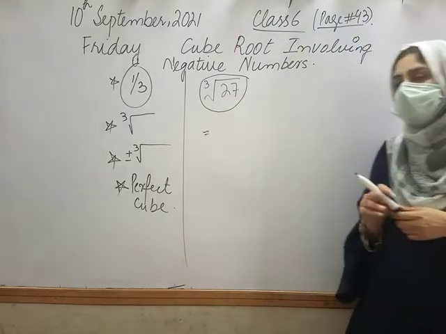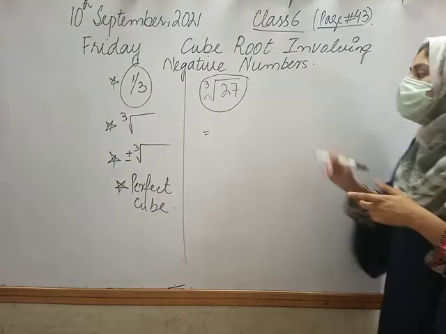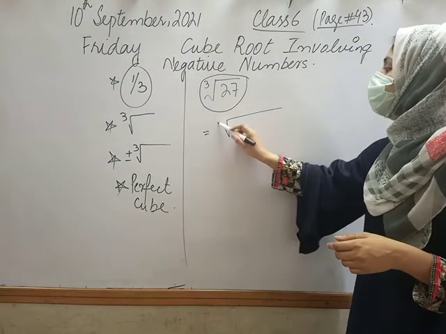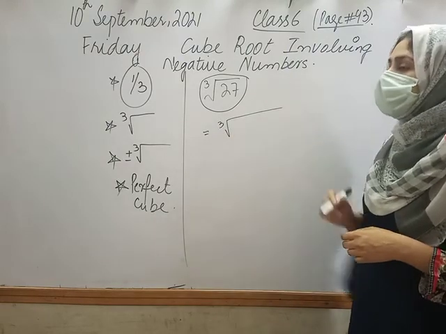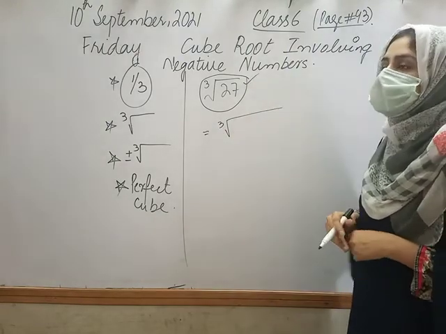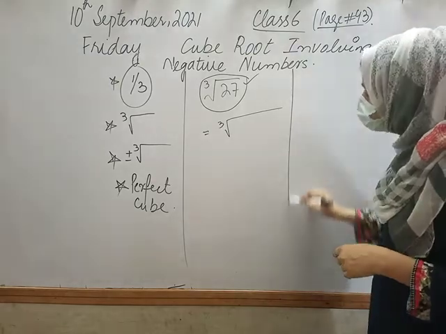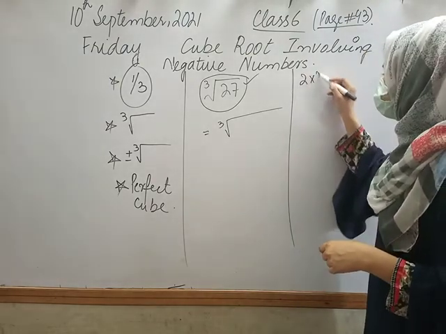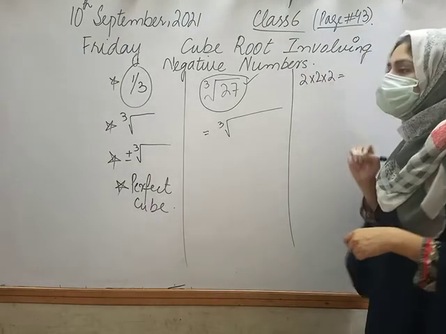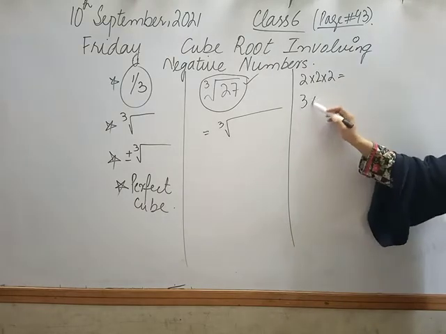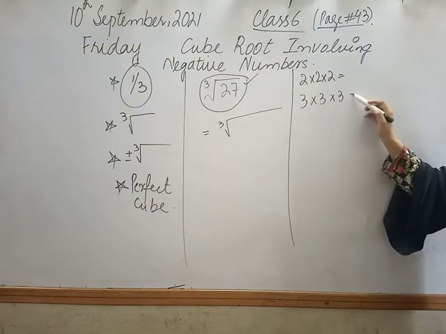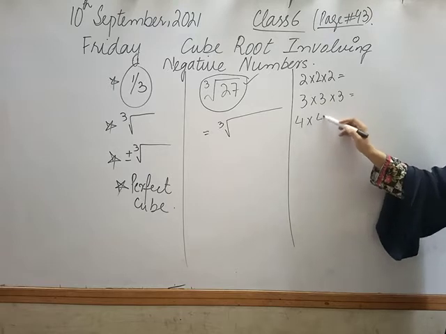So now class, first of all we will find the cube root, which means a perfect cube. So how many times will we multiply the numbers to get 27? Let's start from 2. 2 multiply 2. Okay? 3 multiply by 3. 4 multiply by 4.